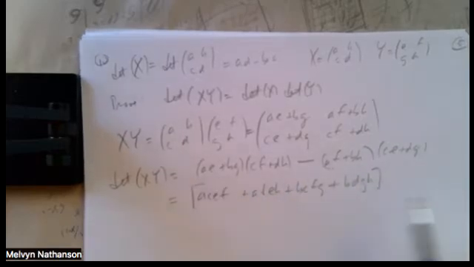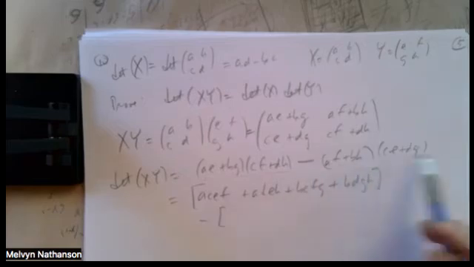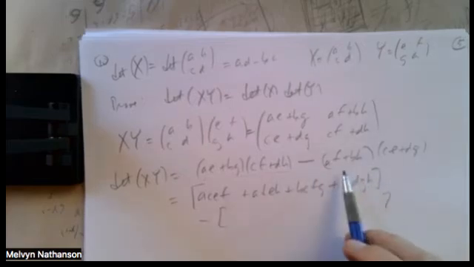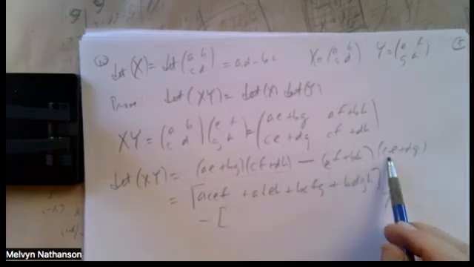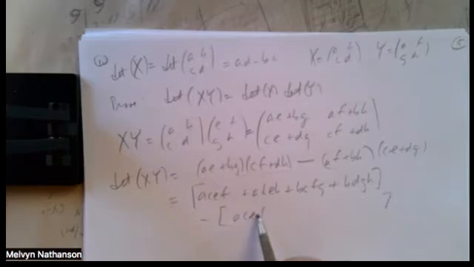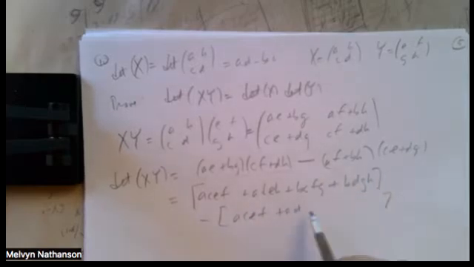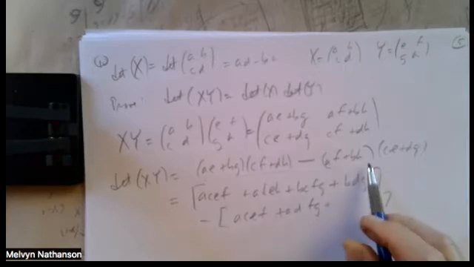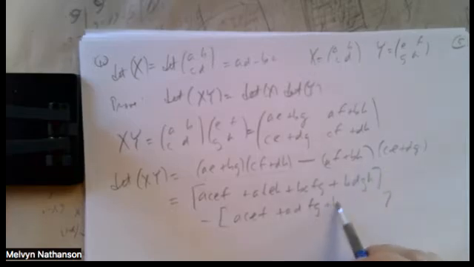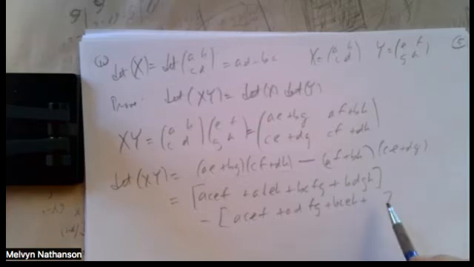That's this when you multiply it out. Minus, and then let's multiply this out, you get ACEF plus ADFG plus BCEH plus BDGH.